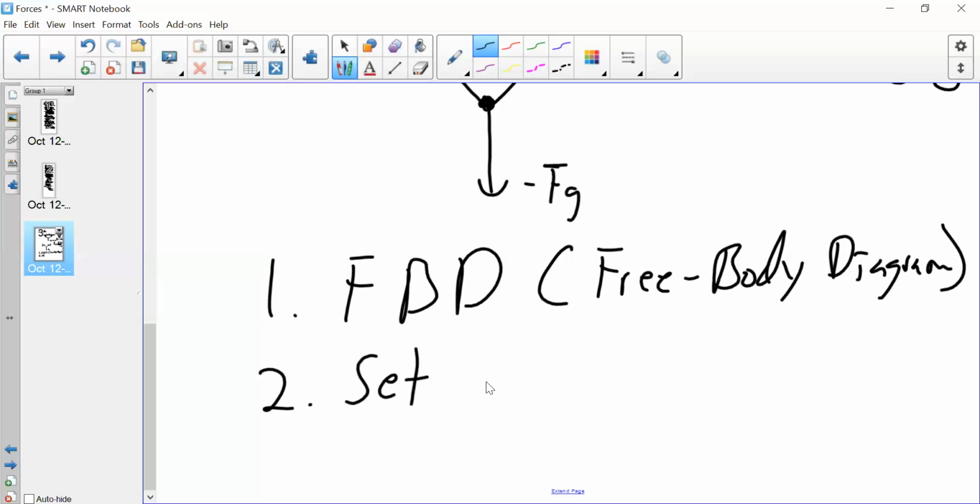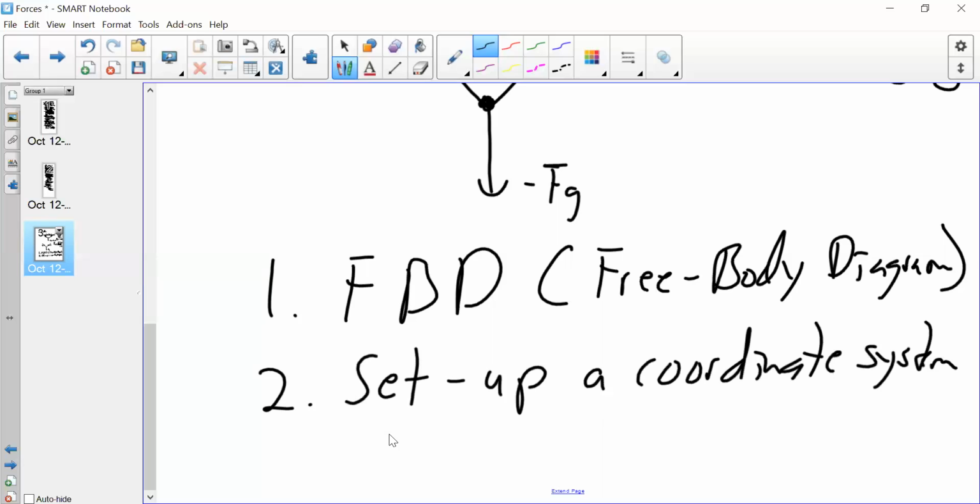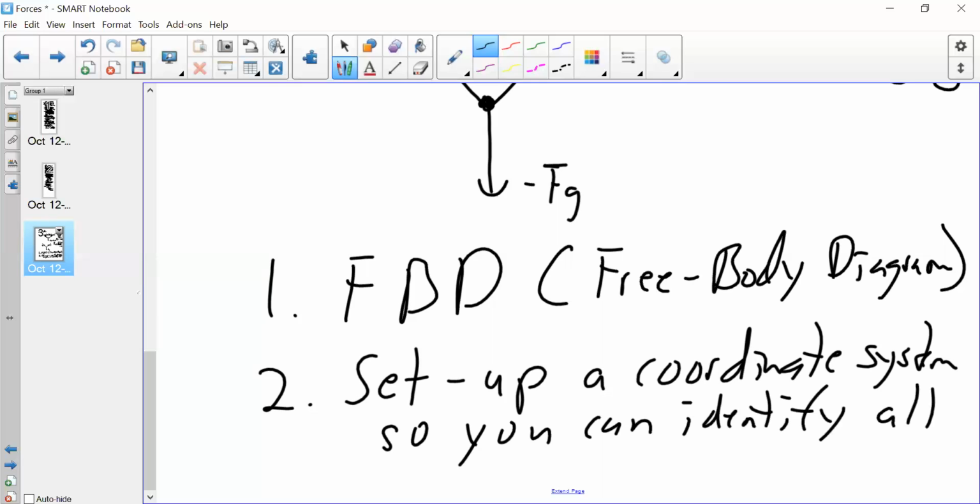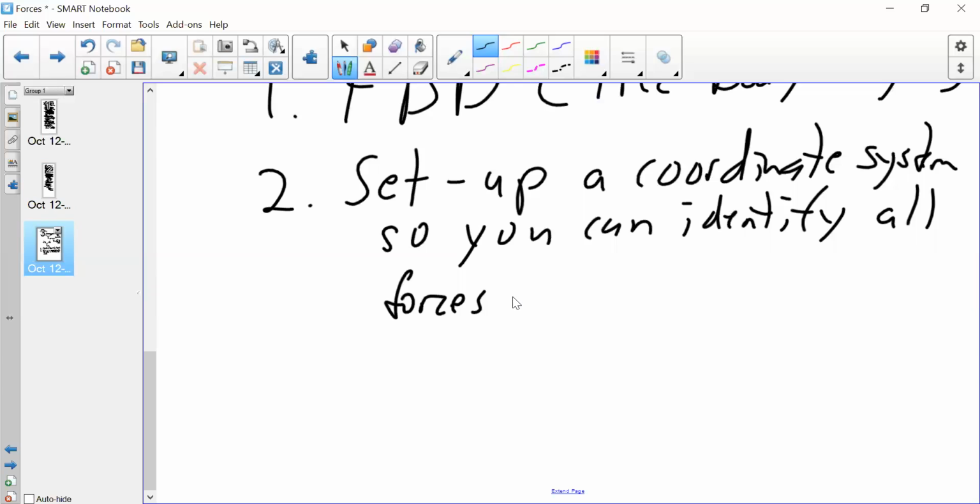So first thing, FBD, set up a coordinate system so you can identify all forces in the X and Y directions.